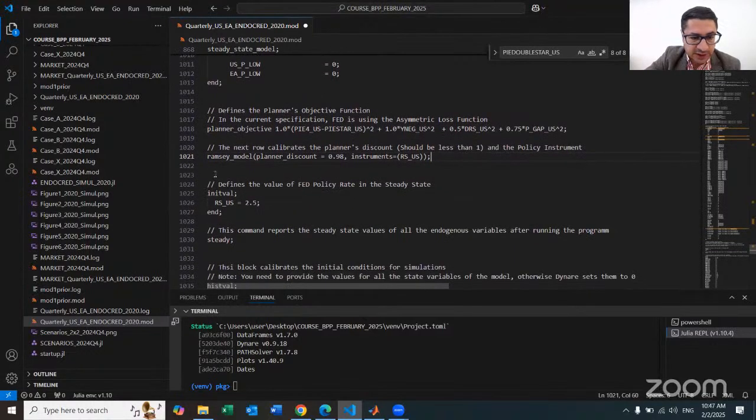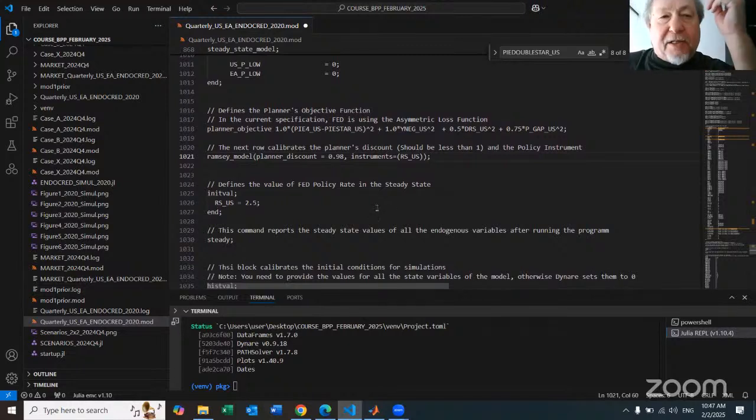I just want to make sure I understand that, and I want to make a few comments because one of my AUA students asked me about the loss function.